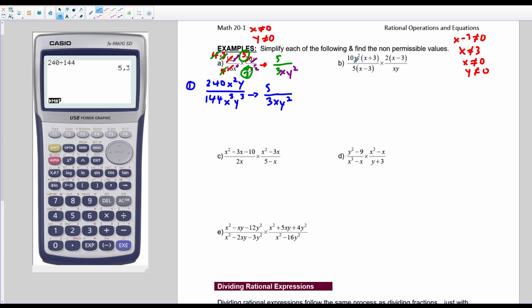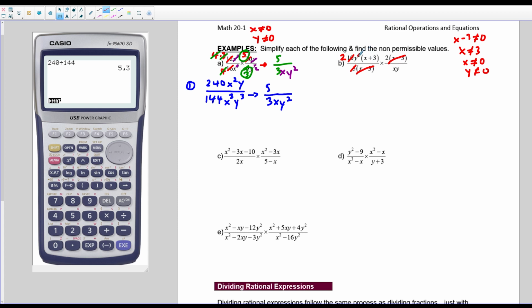So from here, let's go ahead and get rid of some of my common factors. Here I've got a 10 on the top and a 5 on the bottom. I can just divide this, and I end up with a 2 up top. Now I can get rid of some of my other common factors. I get rid of my x minus 3 on top and x minus 3 on the bottom.